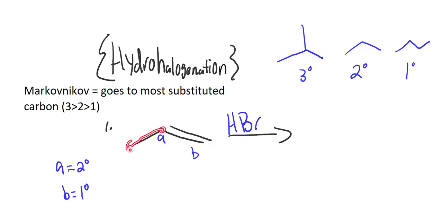A goes to the adjacent 1, 2, so it's secondary. So far that looks to be the winner. B goes to the adjacent, which is just 1 carbon, which means it's going to be primary. According to our list, secondary is going to be more favorable than primary.